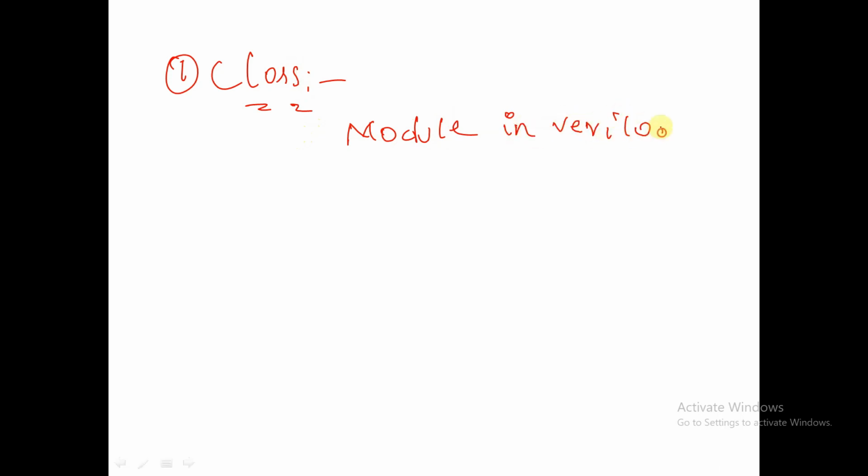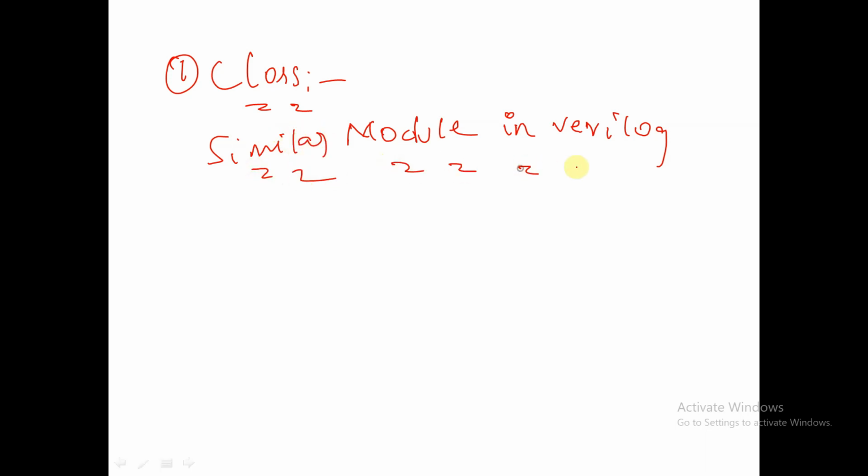First one is class. So a class is nothing but a basic building block containing routines and variables. This is analogous to module in Verilog. Not exactly, but it is very similar to module in Verilog.